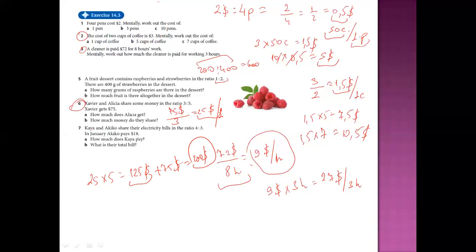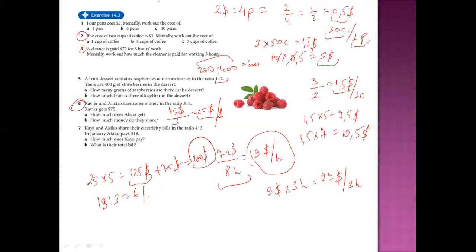Kaya and Akiko share their electricity bills in the ratio 4 to 3. In January, Akiko pays $18. Okay, what is the ratio of Kaya and Akiko? Akiko pays 18, and 18 divided by Akiko's ratio, 3, is 6.